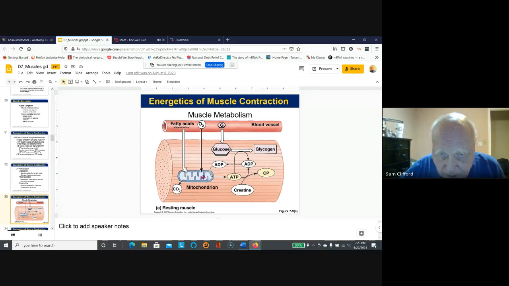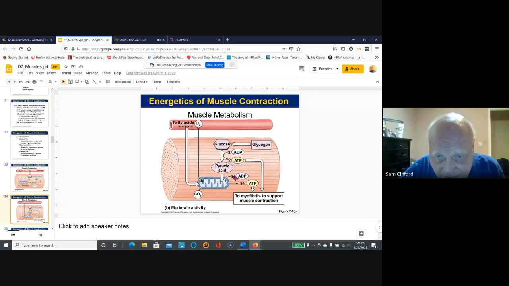So we said that muscles are cells, they have mitochondria, and they use biochemical processes to generate ATP because there's no muscle contraction without the energy of ATP. ATP is formed by phosphate and the energy from breaking down glucose. That's all I expect you to know.